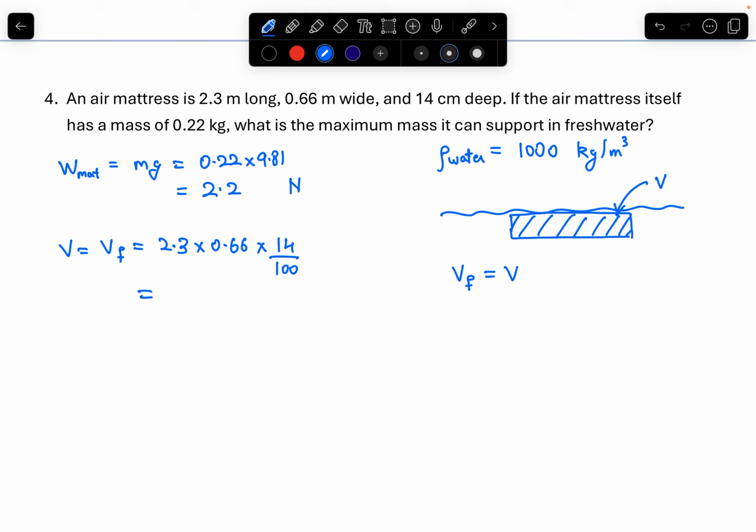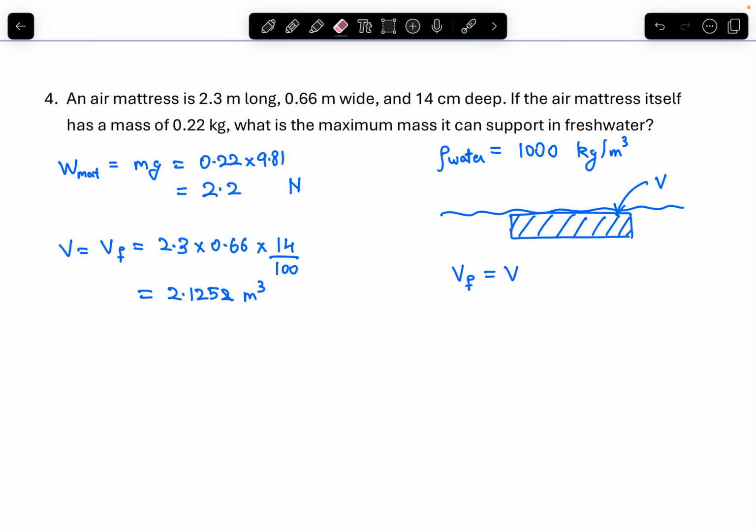And this value is 2.1252 meter cube. Looking at the significant figures, there are two significant figures, so I will convert this into 2.1 meter cube.